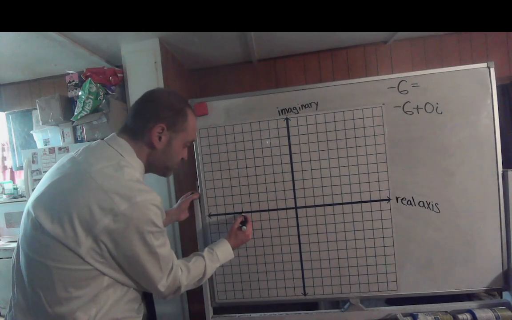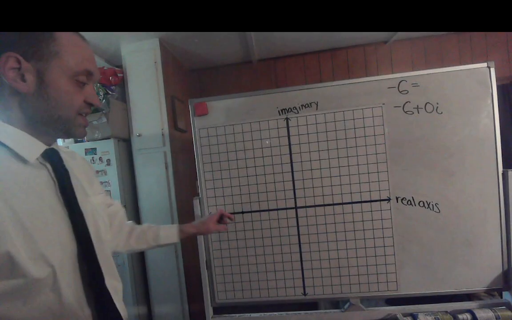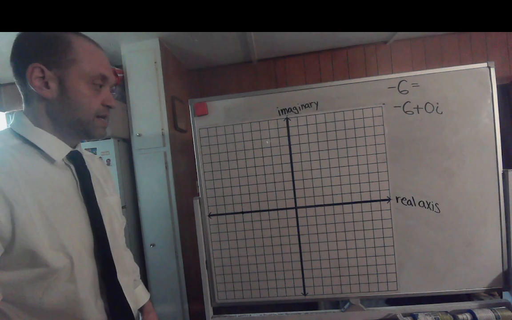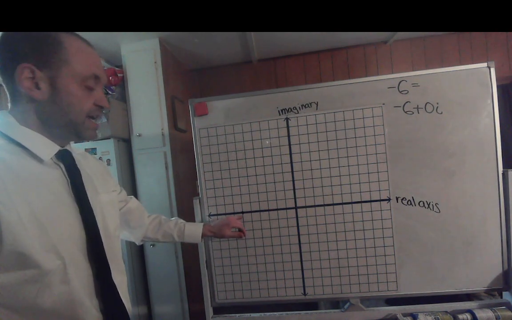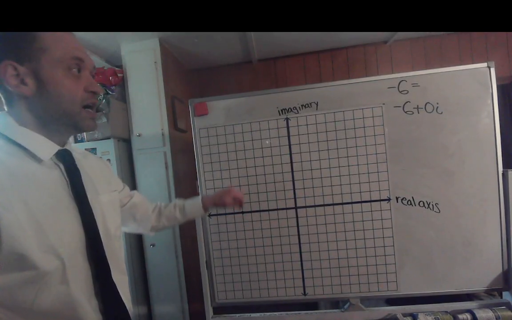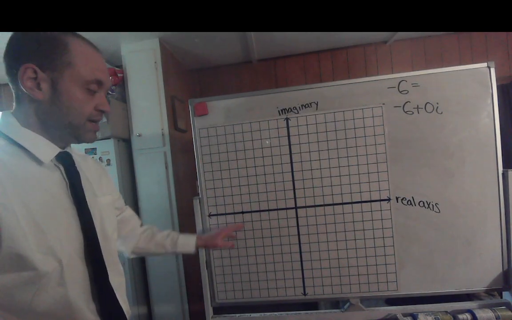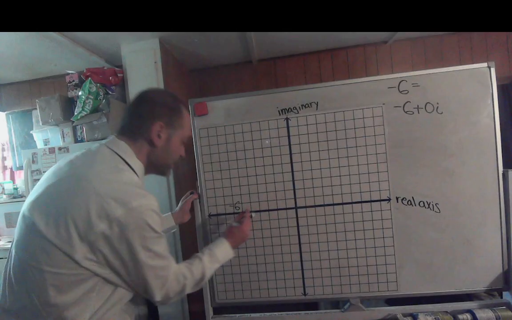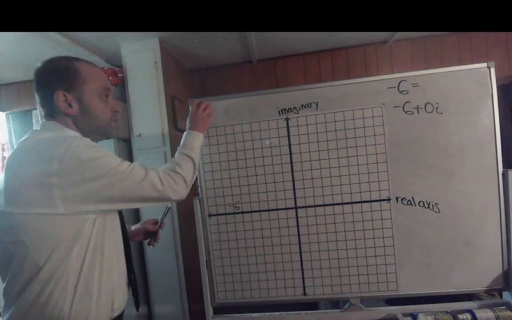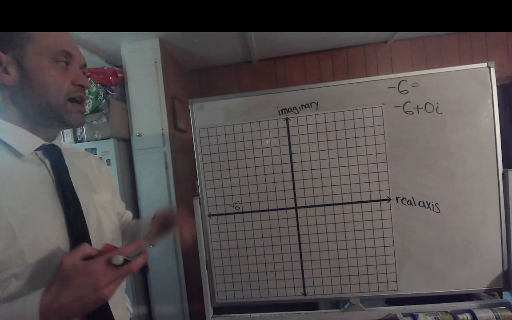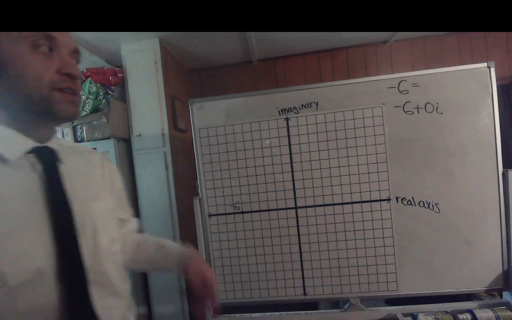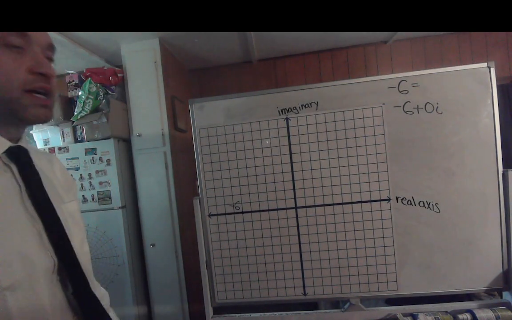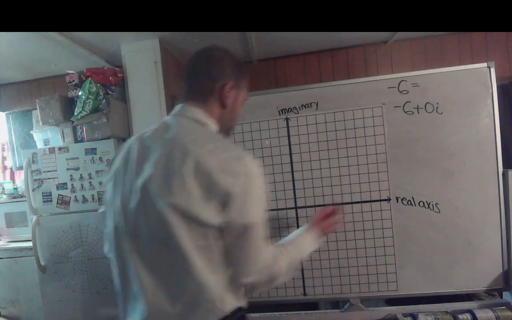It would be similar to -6, 0 in the set of real numbers, but you're going -6 on the real axis and up or down 0 on the imaginary. So right there you would have plotted -6. When you plot complex numbers, instead of using commas, they use plus or minus. It accomplishes the same thing.